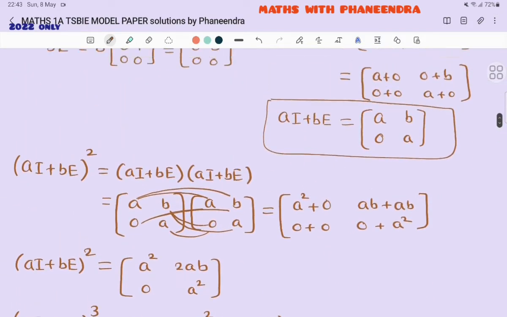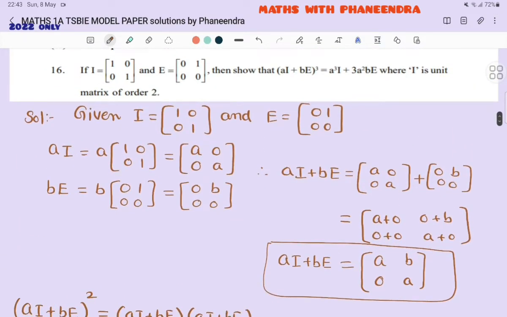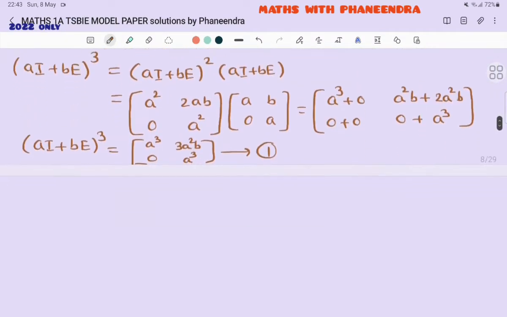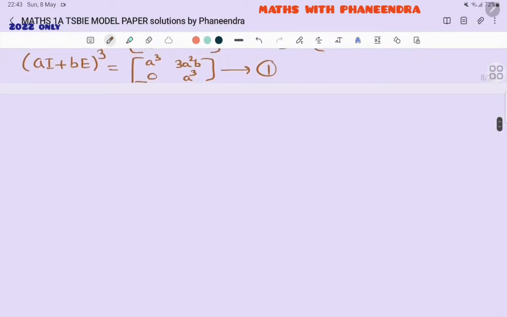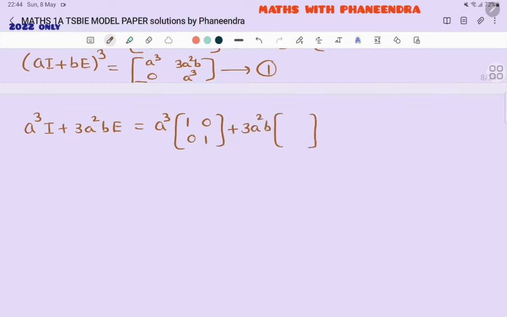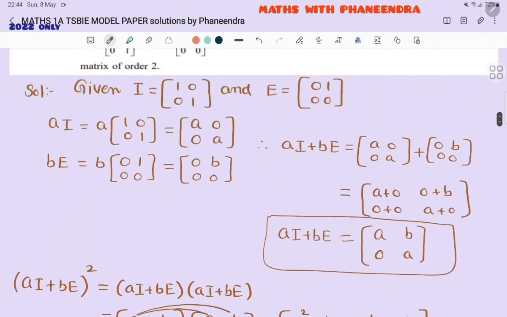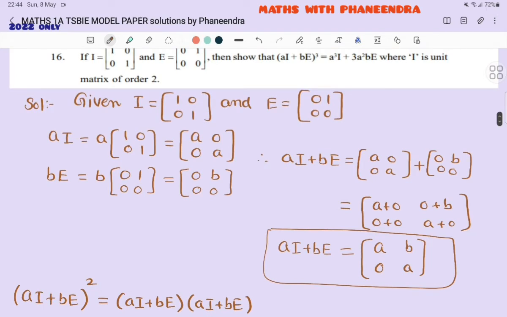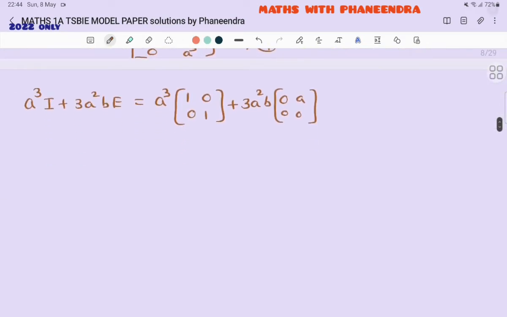This is about LHS, we got it. Next, what is RHS? A cube I plus 3A square B into E. A cube into I, 1001, plus 3A square B into E value, 0100.